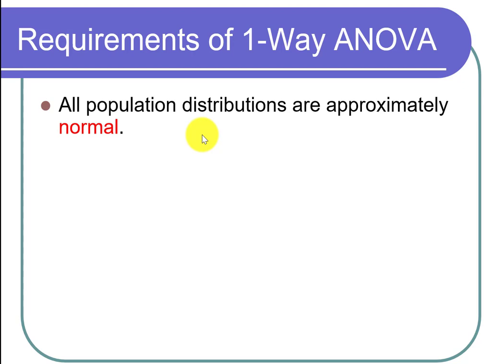Or to do a two-sample independent t-test, same thing, you had to have that normal distribution. Well, it's no different. If you have a one-way ANOVA, we have to make sure all population distributions are approximately normal. We've seen it before. Now we're doing it again. So each of the many, it could be many this time.